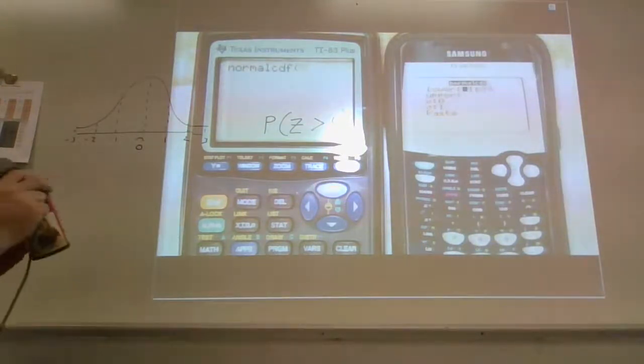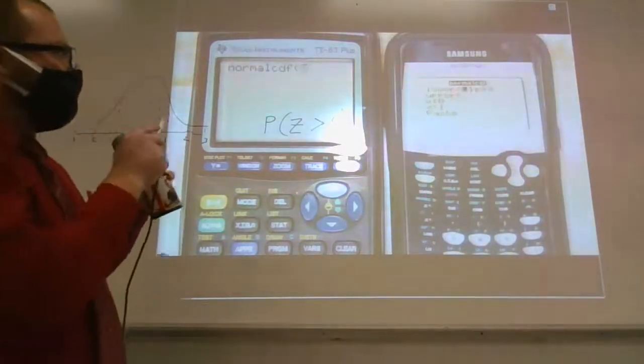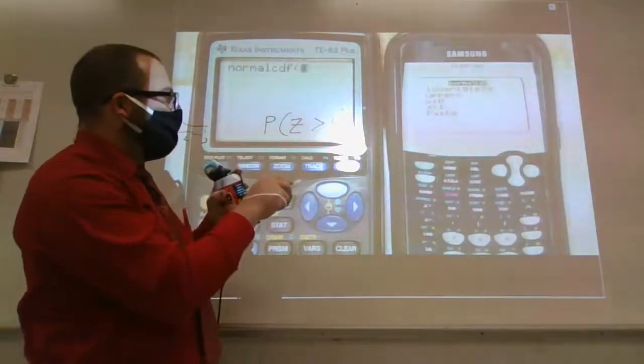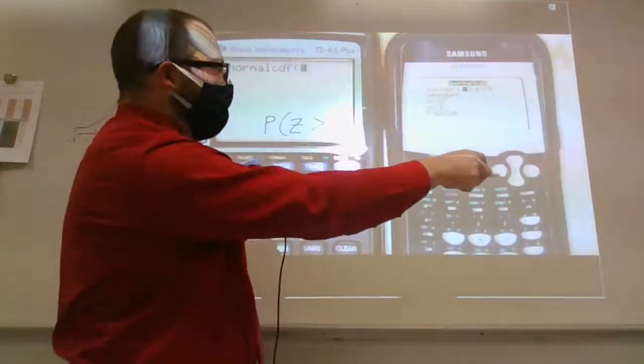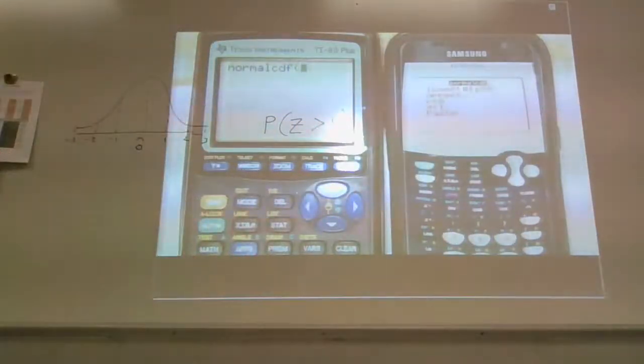Meaning, they want to know what percent of the graph would be filled in with a z-score of 4 or greater. So look what I'm going to type into my calculator on the right. I'm going to type in a 4, and then some giant number. It doesn't matter what that giant number is: 10,000, 100,000, a million. But I'm going to leave my mu and standard deviation the same, 0 and 1. And whatever that number is would be the answer.